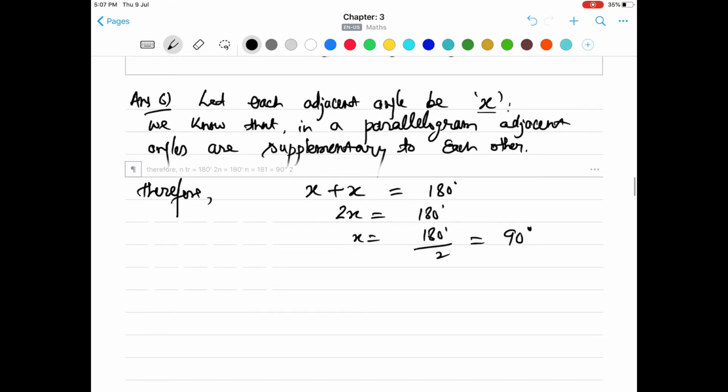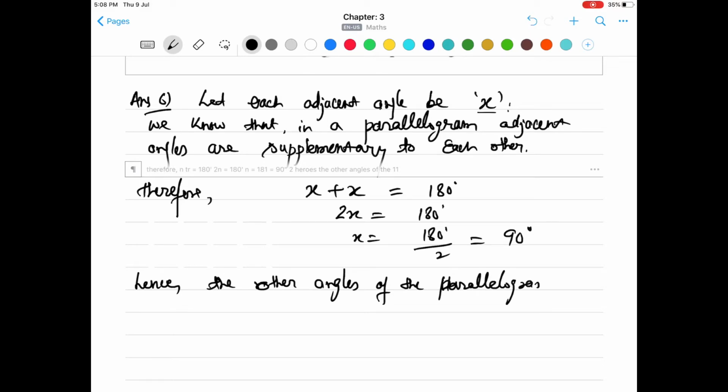So the other two angles will also be 90 degrees, because opposite angles of a parallelogram are equal. Hence the remaining, or you can say the other, angles of the parallelogram will be 90 degree and 90 degree.